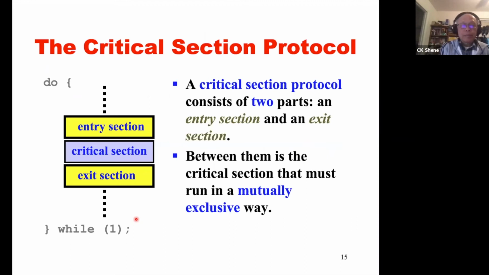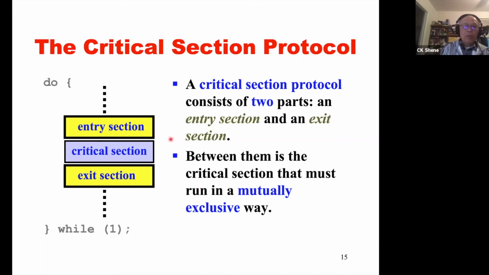Now, return to the diagram I just mentioned. This is my critical section. We need to add some statements here; we call it the entry section. We also need to add some statements here, the exit section. The entry section and the exit section would jointly implement the mutual exclusion requirement.